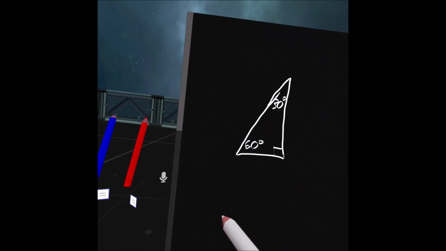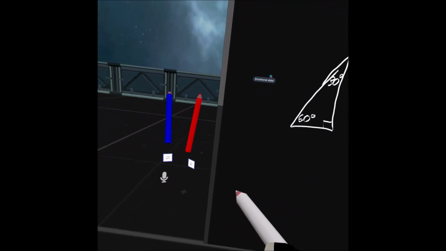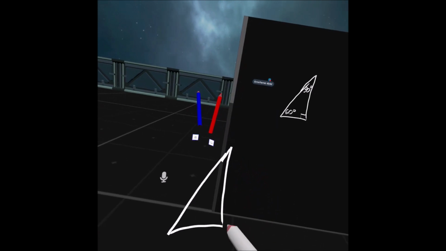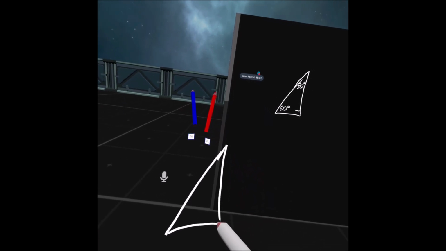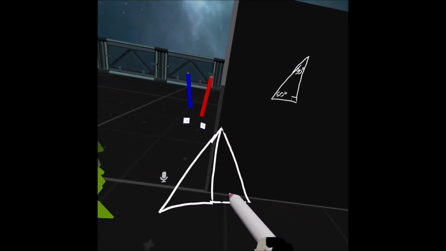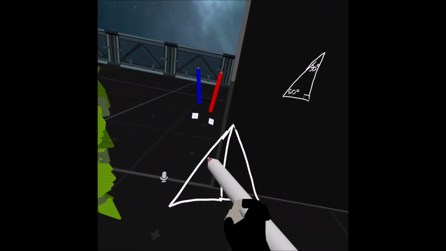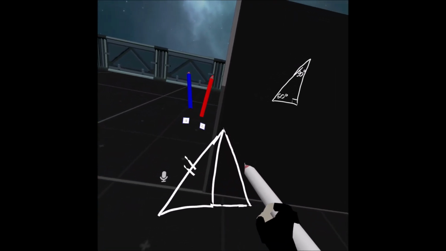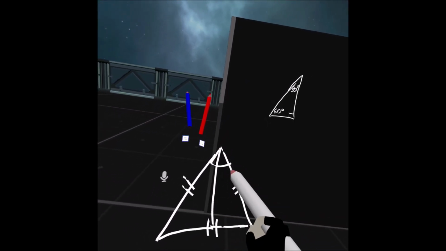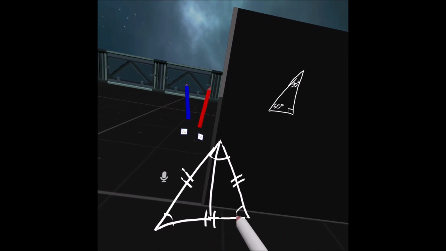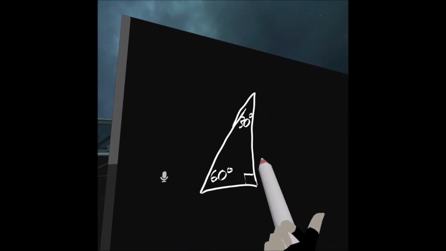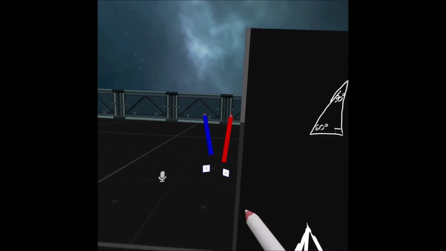The reason why this is a special triangle is because if I drew another one of the same triangle, just like a half, you get an equilateral triangle, because this is 60 degrees, this is 60 degrees, and this is 60 degrees, right? So this is just a half of an equilateral triangle.